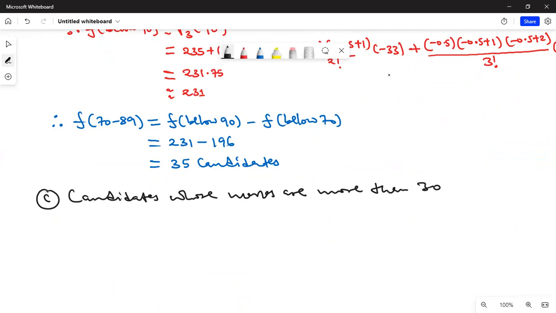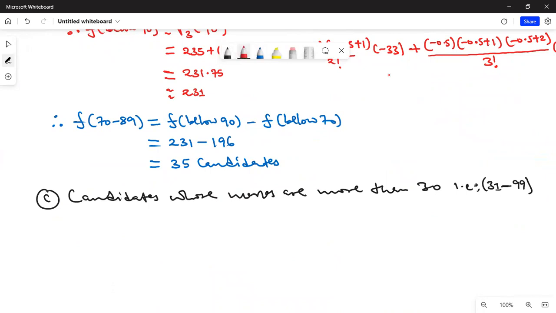That means 31 going onwards, more than 30, i.e. 31 all the way up to 99, because I can see no one scored 100. So I need marks between 31 and 99.